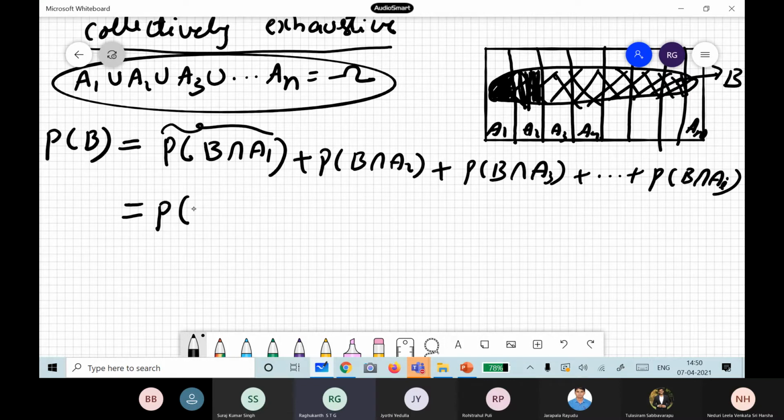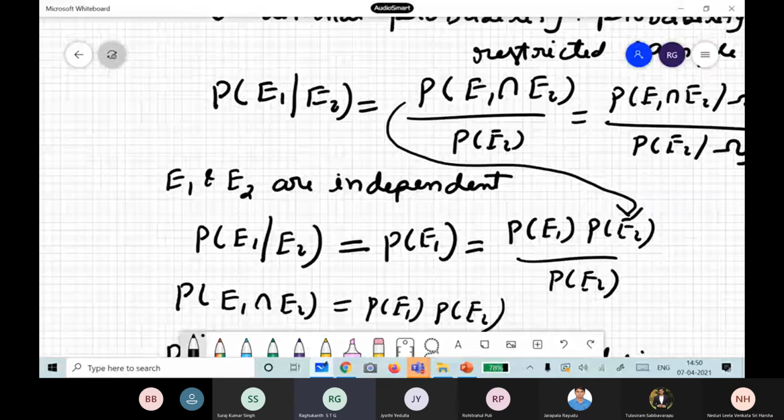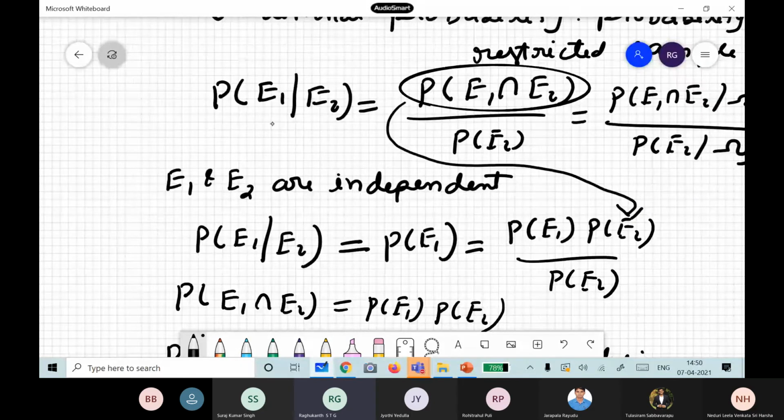In terms of conditional probability, I can write P of B given A1 times the probability of A1. This comes from the conditional probability expression: P of E1 intersection E2 you can write as P of E1 given E2 multiplied by P of E2.